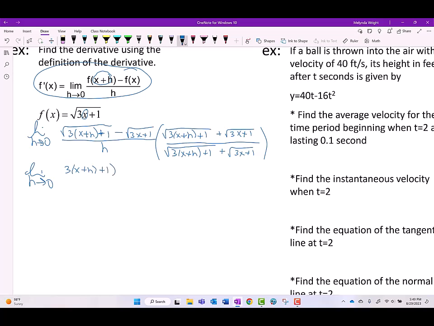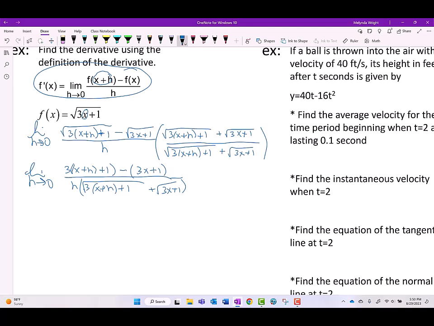Outside, inside go away, then minus root 3x plus 1 times root 3x plus 1 is just 3x plus 1, all over h times that gigantic mess, the square root of 3 times x plus h plus 1 plus the square root of 3x plus 1. Okay, you're like, that's easier? It'll get better, it's fine.